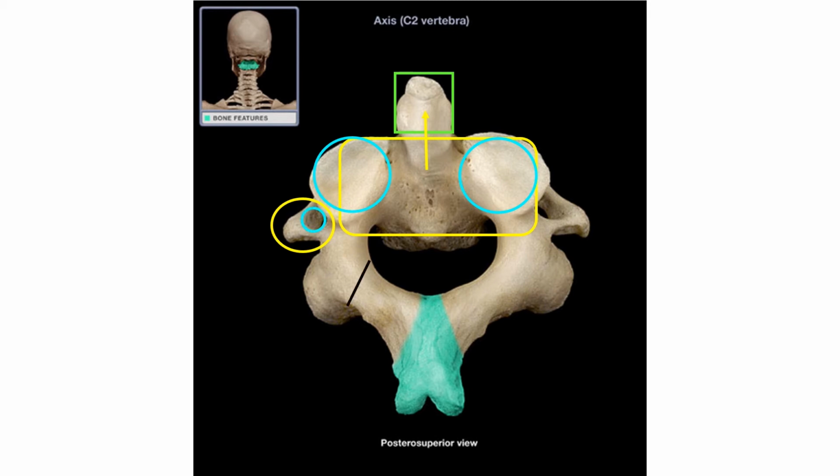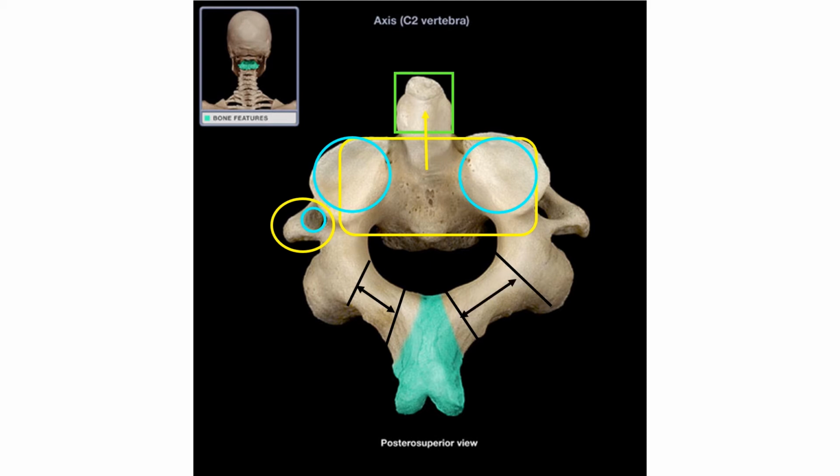this part is called the lamina, the lamina of a vertebra coming out from the pedicle, and this is another lamina coming from the other side pedicle.